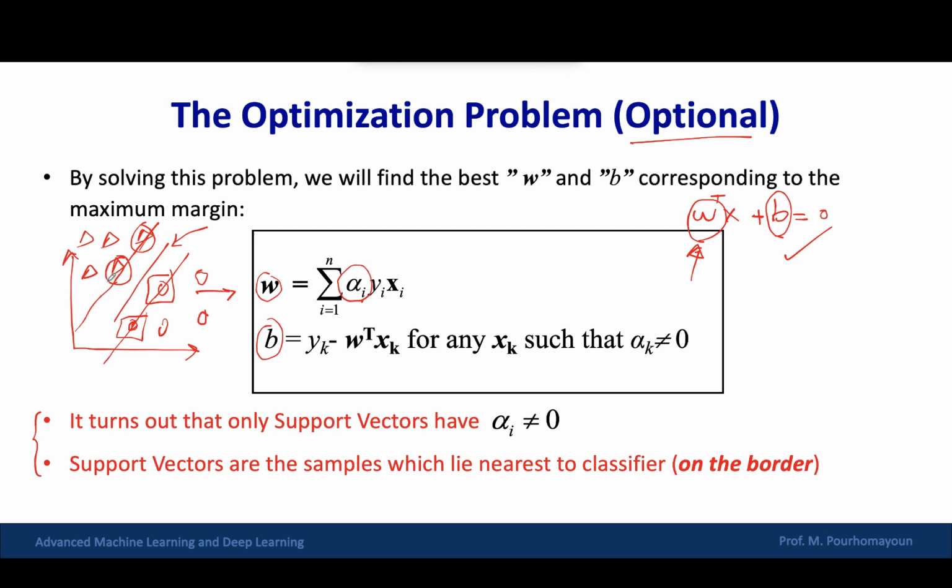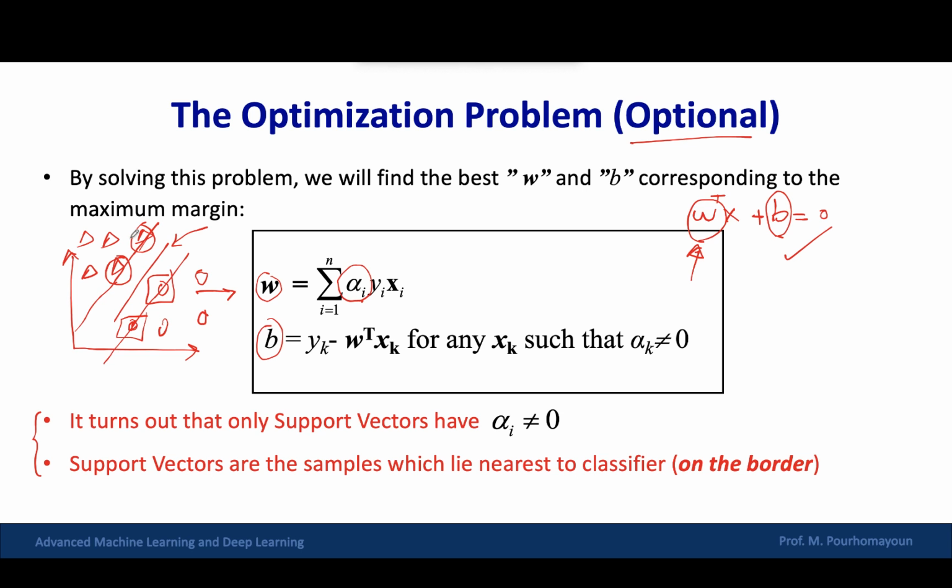Other samples really, they don't contribute in finding this line. That is why we care a lot about these samples. All of those equations can find the line only based on these samples that are on the border.